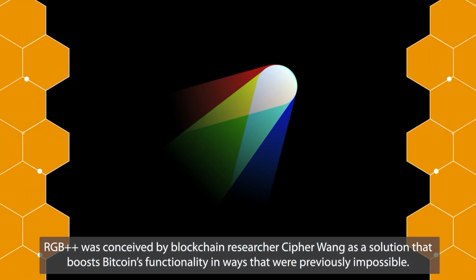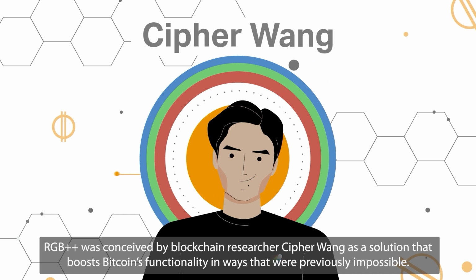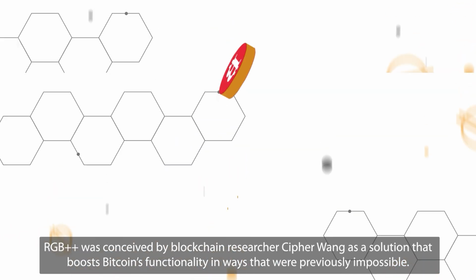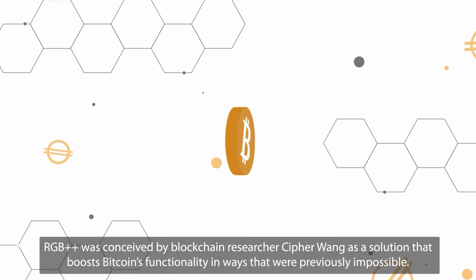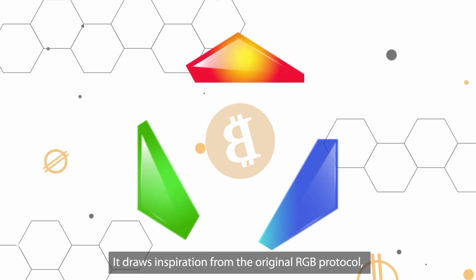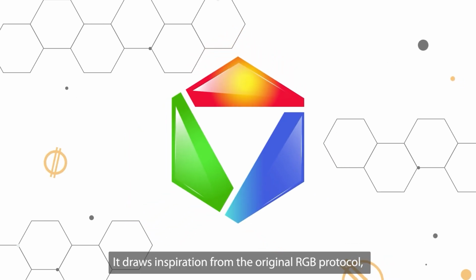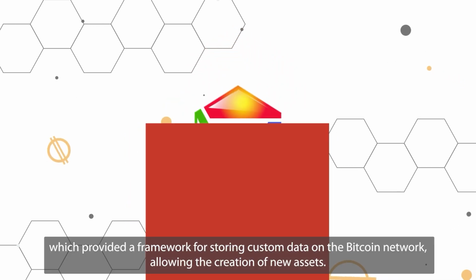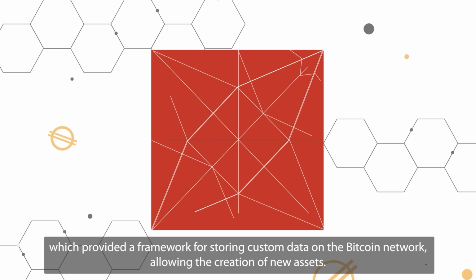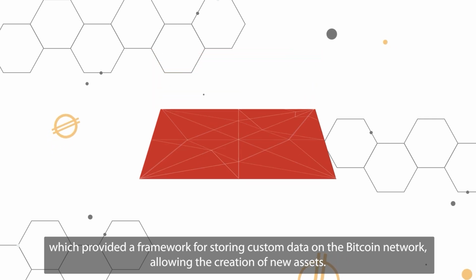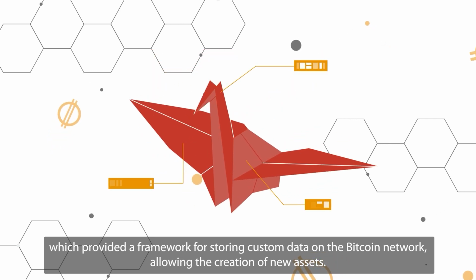RGB++ was conceived by blockchain researcher Cypher Wang as a solution that boosts Bitcoin's functionality in ways that were previously impossible. It draws inspiration from the original RGB protocol, which provided a framework for storing custom data on the Bitcoin network, allowing for the creation of new assets.